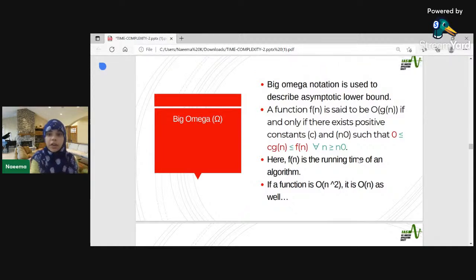Now we see that the definition of big omega is very similar to that of big O. All you have to do is swap c g(n) and f(n) from the definition of big O, and do this in the graph as well. And there you have the equation, the definition and graph of big omega.